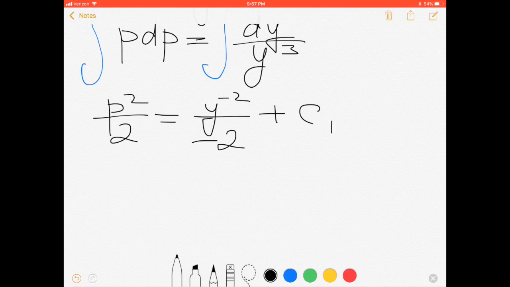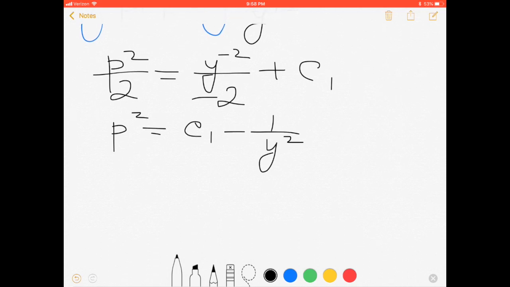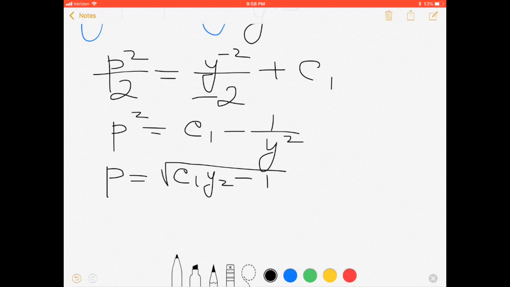Okay, p squared equal c1 minus 1 over y squared. Okay, this means p will be the square root of c1 y squared minus 1, divided by y.